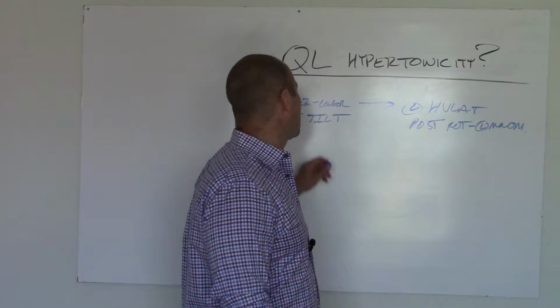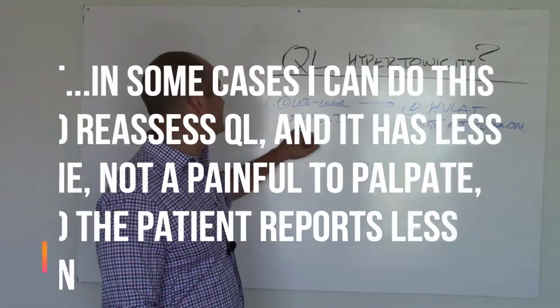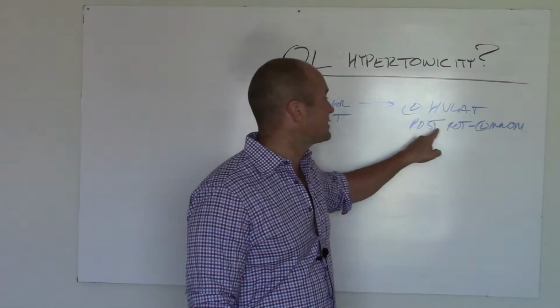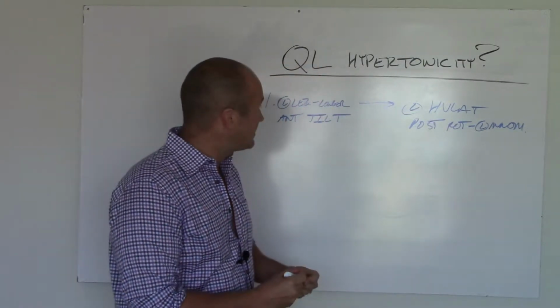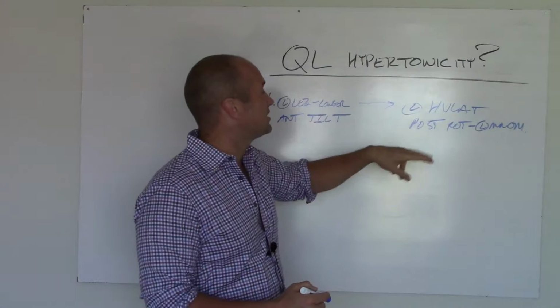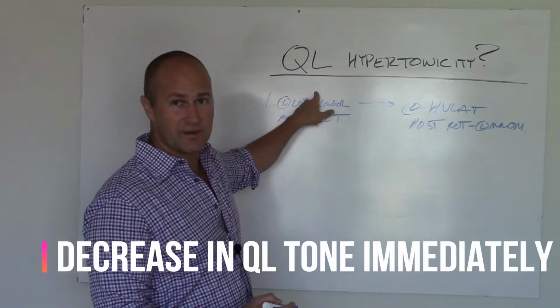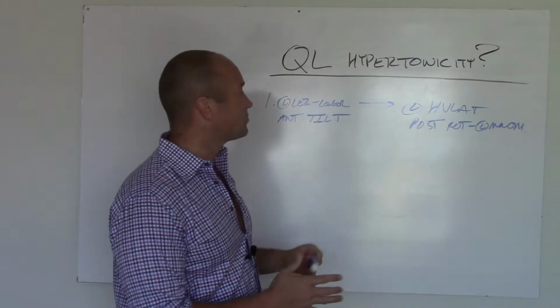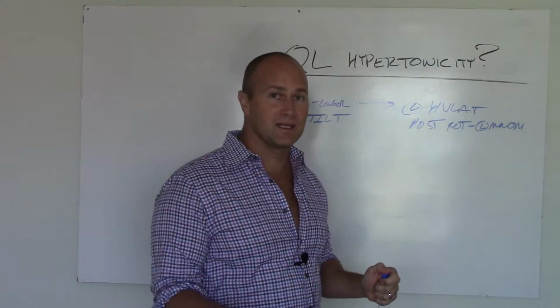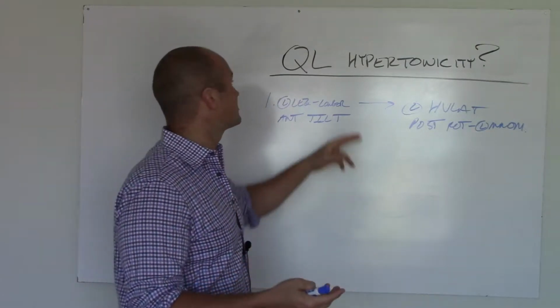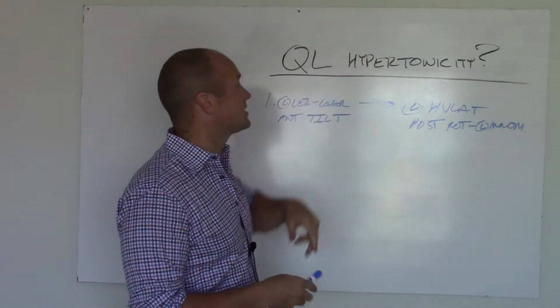But when I see this in the clinic and I can do this treatment technique, I see a decrease in QL hypertonicity on that side, which would support this theory. So that's one example of what I see pre and post treatment that actually shows a change to QL hypertonicity.